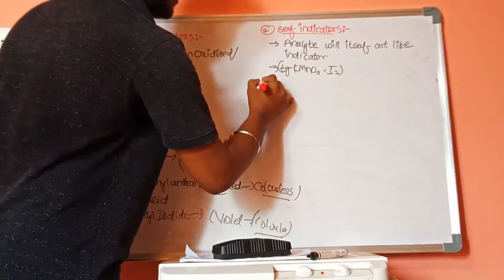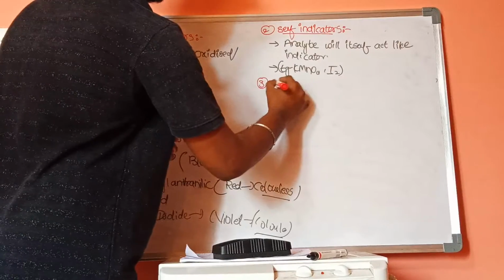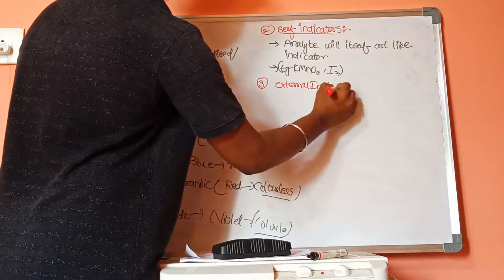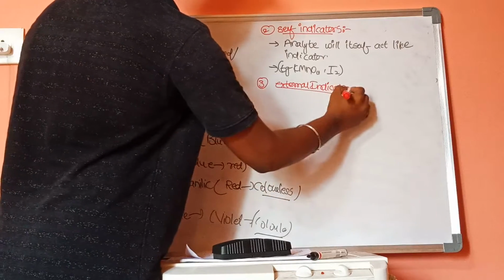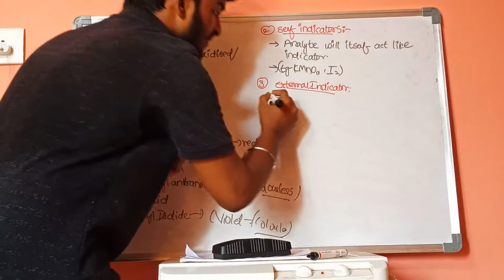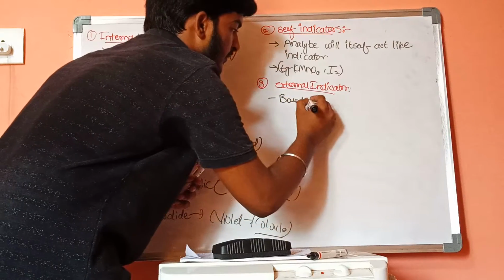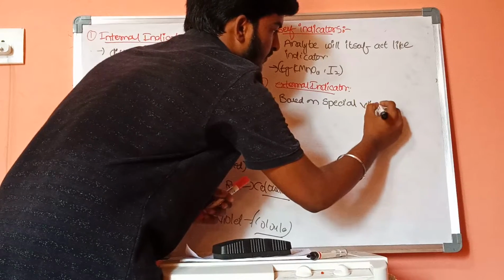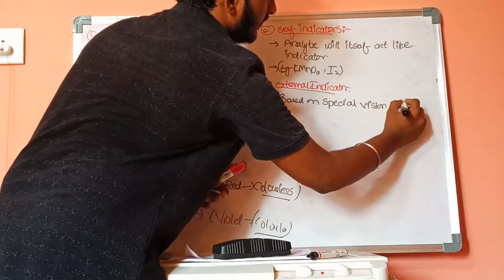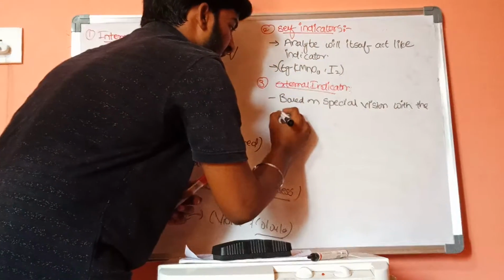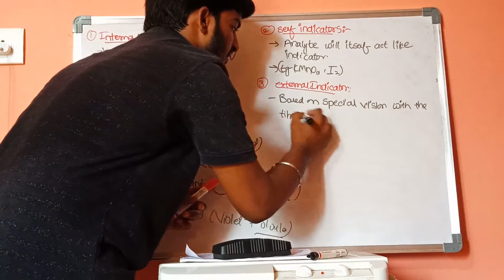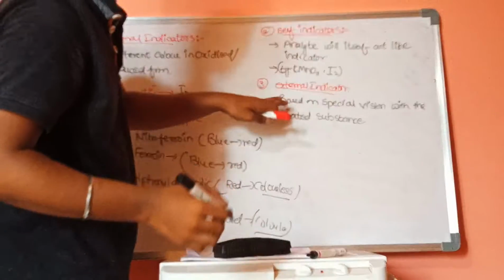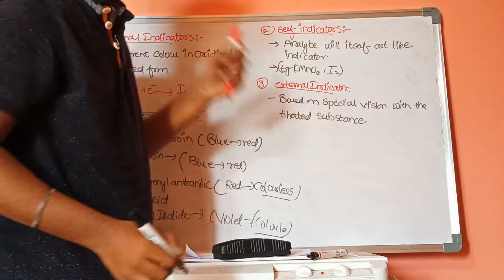Now the third one is external indicators. External indicators are based on a special reaction with the titrated substance, which means based on a special reaction with the titrated substance.